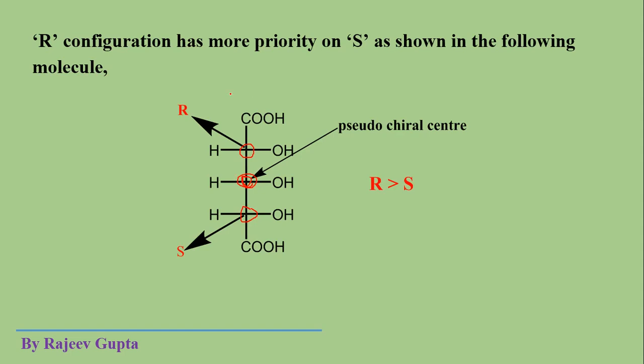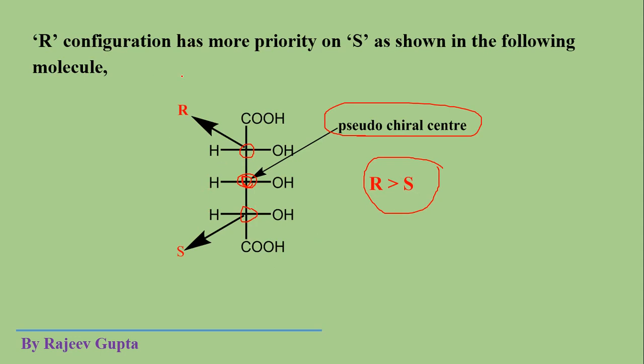Actually both groups are the same, but their configurations are different. So this type of carbon atom is called a pseudo chiral center. If we assign RS nomenclature to this pseudo chiral center, we consider this rule where R gets priority over S, meaning the R configuration of one portion has high priority compared to the second portion which has S configuration.